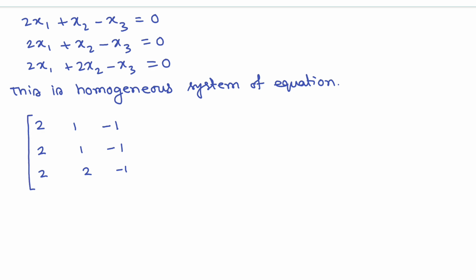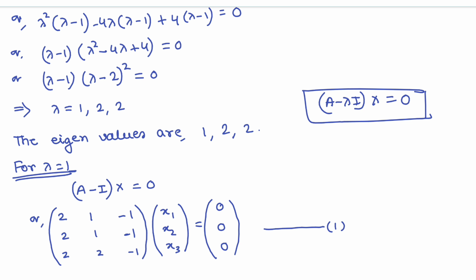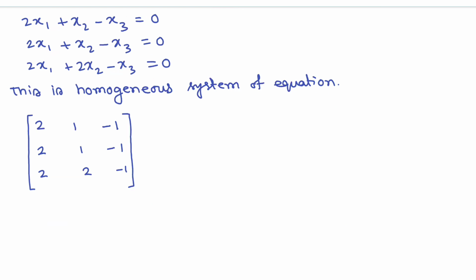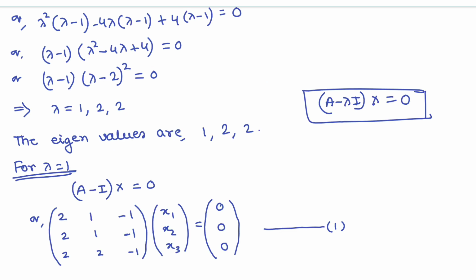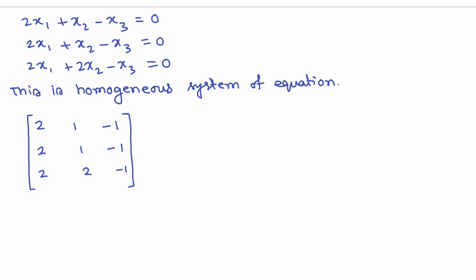Actually in equation number 1 this matrix is our coefficient matrix, but the process is first you have to find out the coefficient matrix. That's why I am just following the process. Clear? But I know that this is our main matrix by which we have to get the eigenvector.